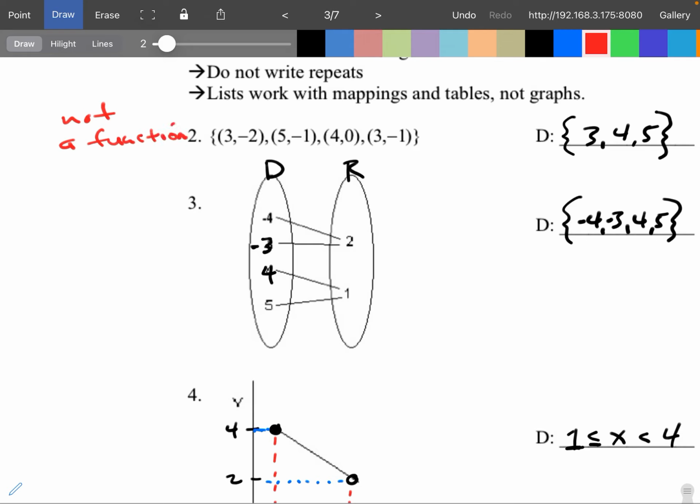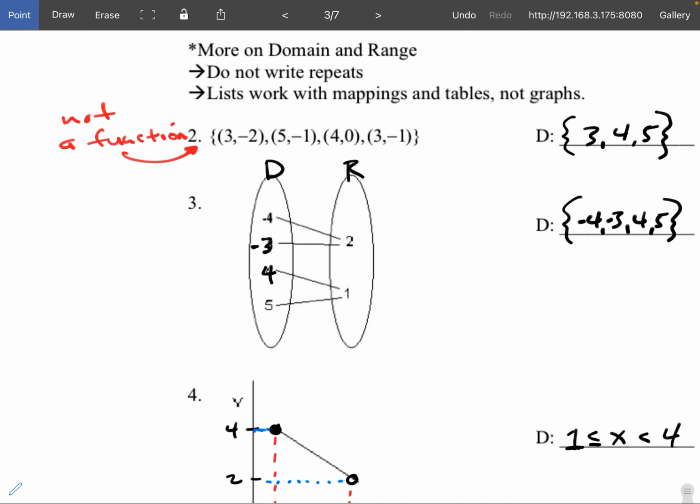Yeah, if you see 3 twice, you know right away that's not a function. So for number 2, you're going to write not a function. Yeah, we're going back up. So that one's not a function.